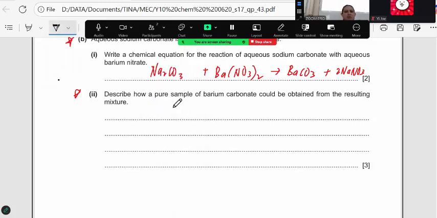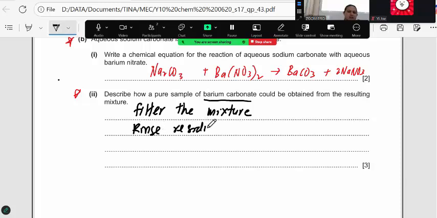How can a pure sample of barium carbonate be obtained from the resulting mixture? So filter the mixture, rinse residue with water, dry between filter paper.